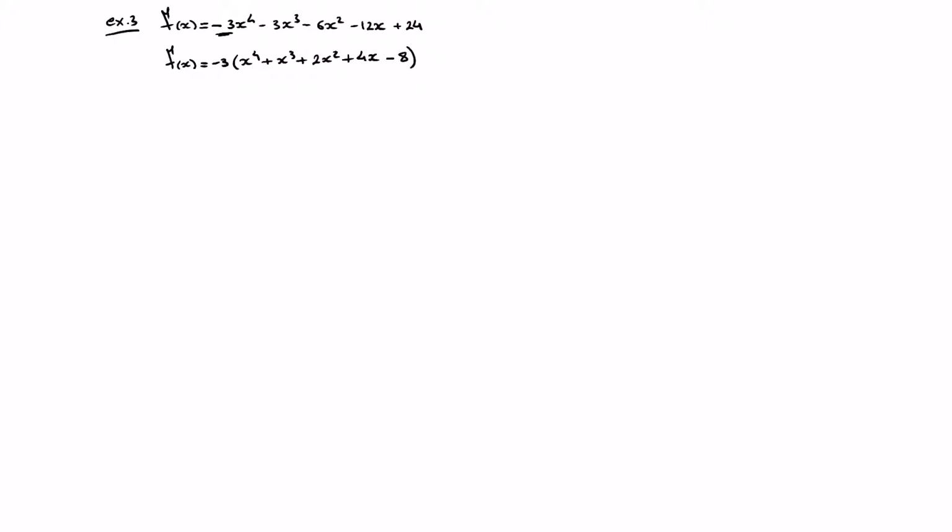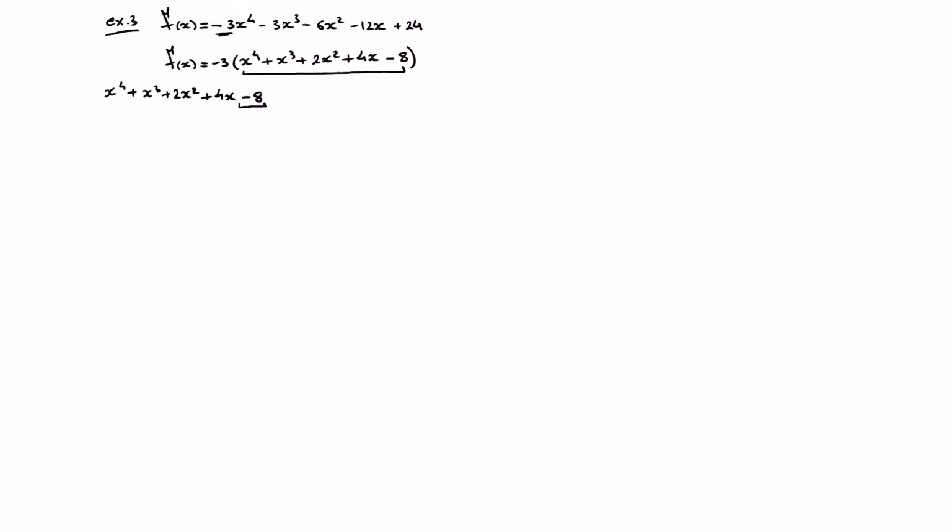Now that we've done this, we're going to be focusing on this polynomial, which has the same roots as f of x. So that's x to the power of 4 plus x cubed plus 2x squared plus 4x minus 8. And any roots it has will be factors of negative 8.